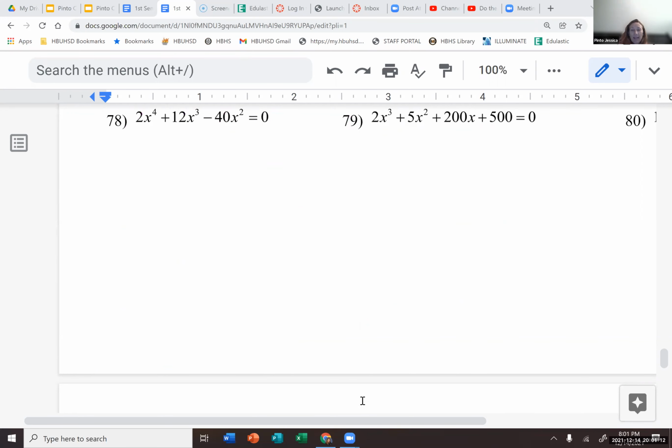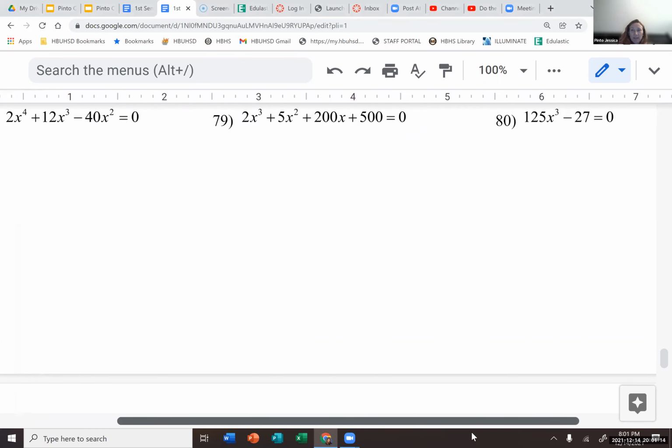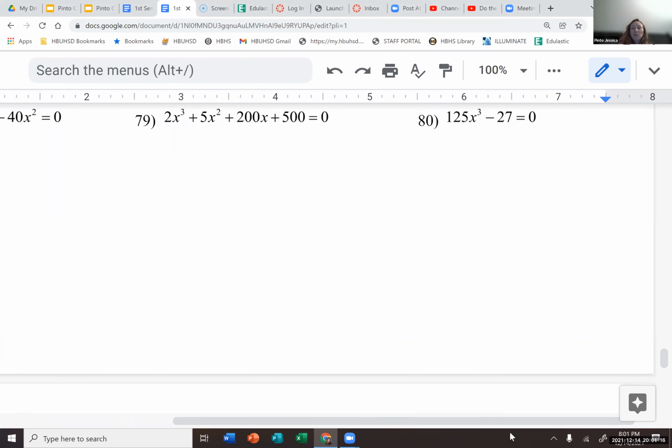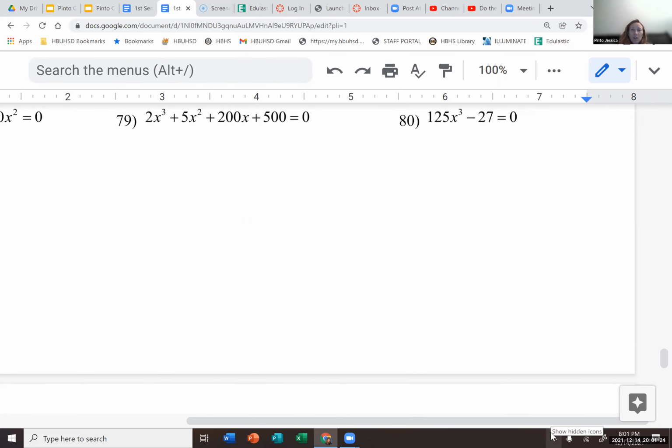All right, looking at 80. The difference of 2 cubes. Okay, we got to take the cube root. This one's going to be a little bit more challenging because there are numbers in both spots. So the cube root of here and the cube root of there. I've got 5x minus 3.